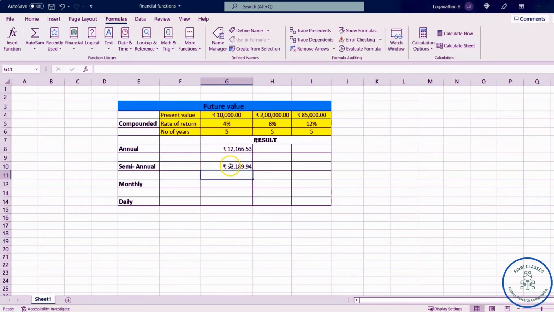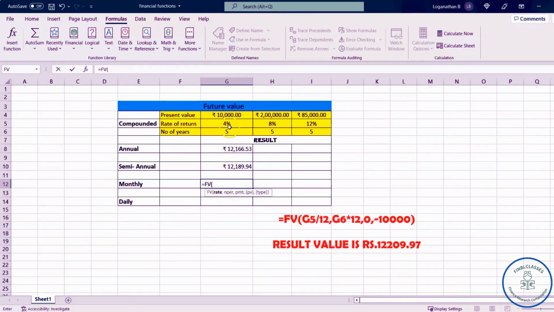I find that the compounded semi-annual value of 10,000 is 12,189. Then in a similar way we calculate for the monthly also, equal to FV, then tab key, then you have the rate. So I select the rate 4%, that should be divided by 12, because it has to be compounded monthly, then comma, and the NPER is the number of years, so 5 into 12, comma, the present value that you have to calculate, minus 10,000.